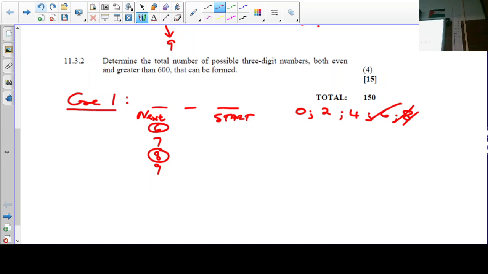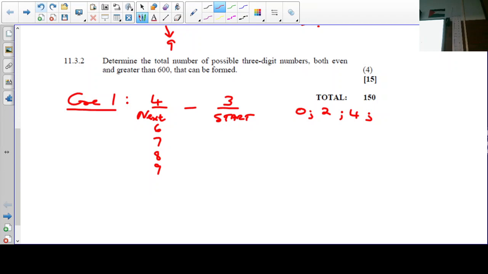So I put 6 and 8 is out. How many options do I have in the last case? 3. In the first place I have 1, 2, 3, 4 options.